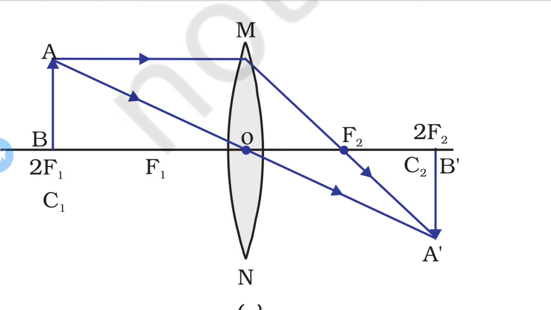Then next, the position of the object is kept at 2F1, and the image is obtained on the opposite side of the object at 2F2. The nature is real and inverted, and the size is the same as that of the object.